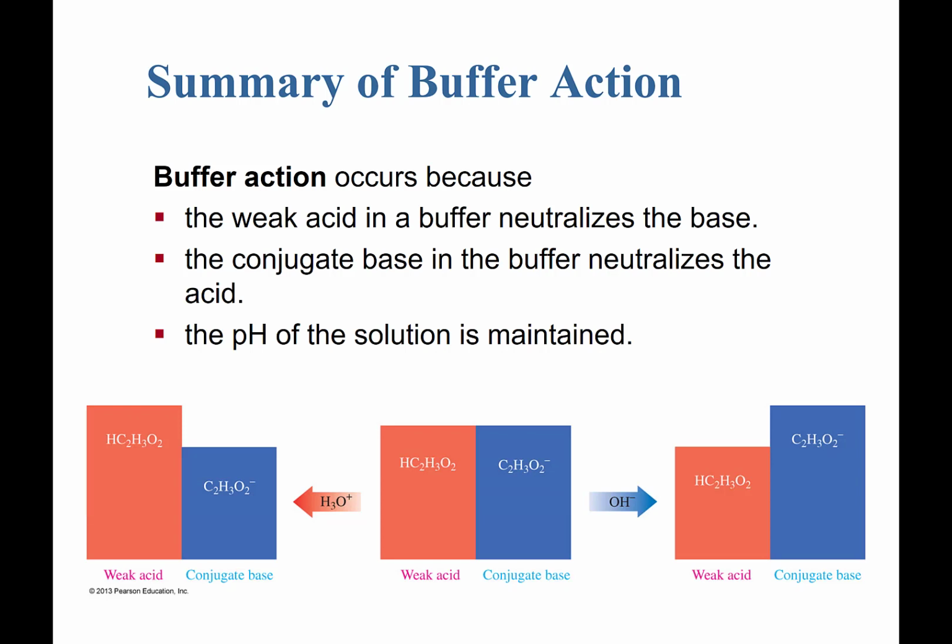The pH of a buffer does not have to be 7. The pH of a buffer can be anything. What makes a buffer is it keeps the pH stable when I add an acid or base, because it has both parts, part acid and part base, so no matter what you add to it, it's going to neutralize it and keep the pH about the same.